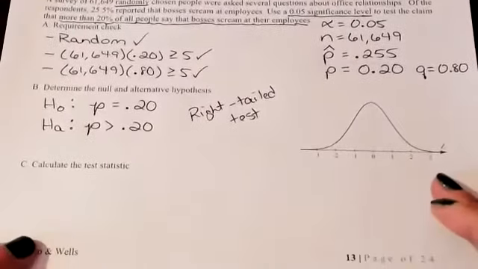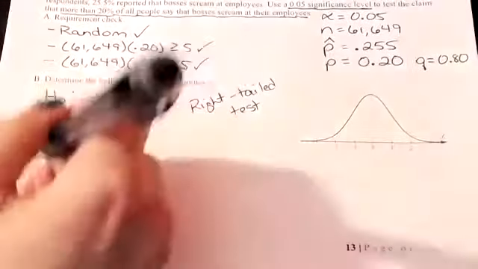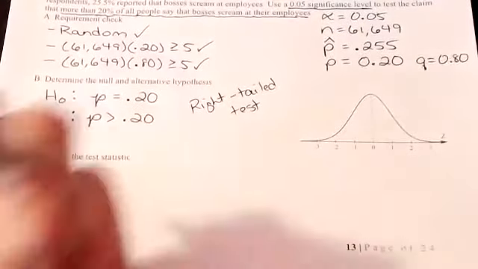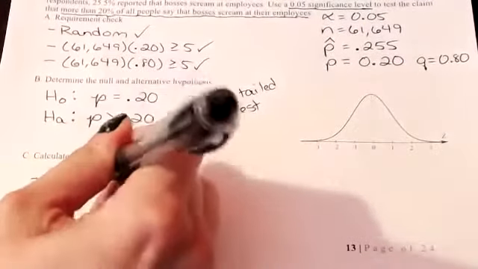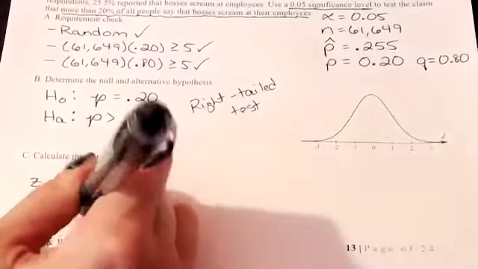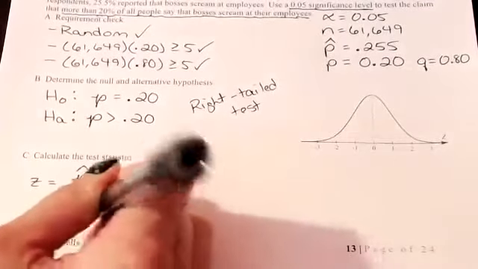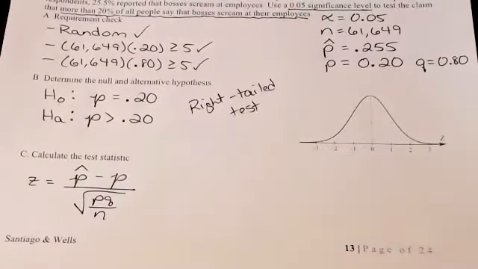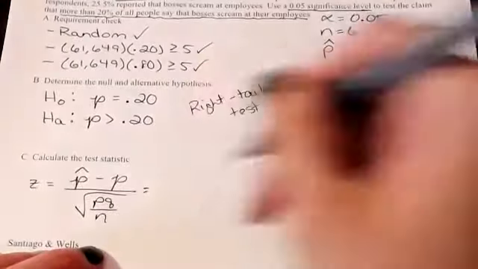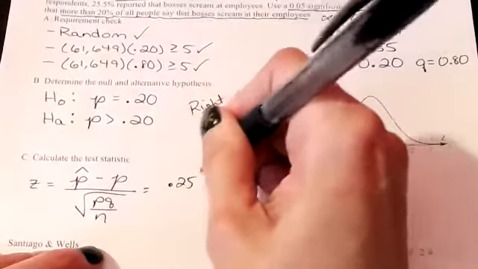So we want to calculate the test statistic. We use our previous formula, and I'll write it here again just so that we have it. Z is equal to P hat minus P divided by the square root of P times Q all over N. So we're just going to plug in our values. P hat is 0.255.